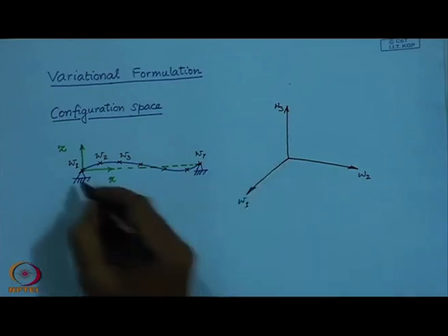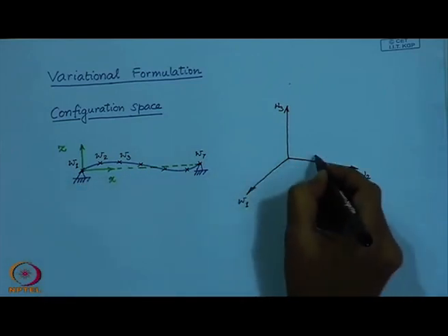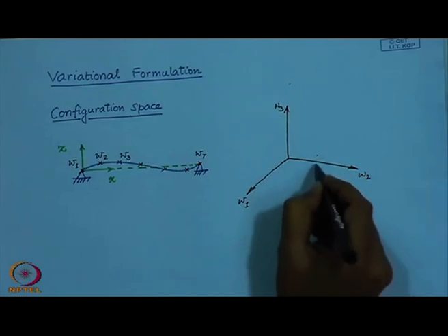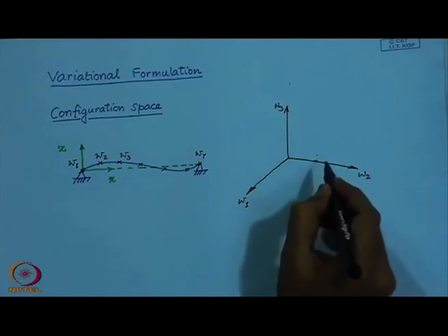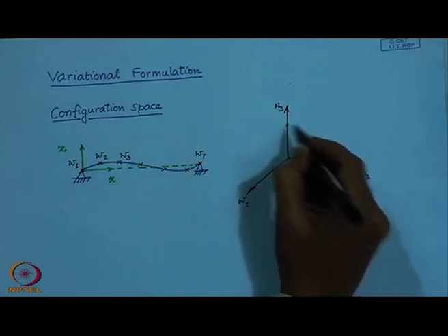Say for example, W1 is 0, W2 has a certain displacement, W3 has a certain displacement.